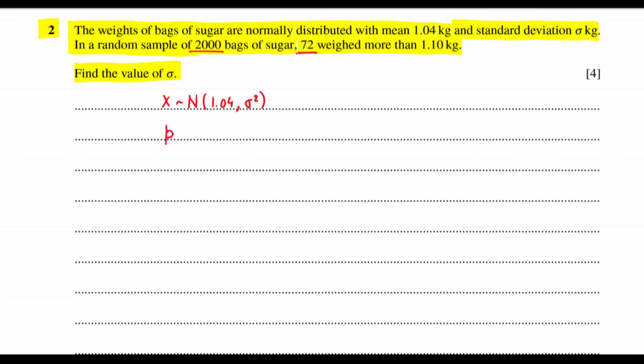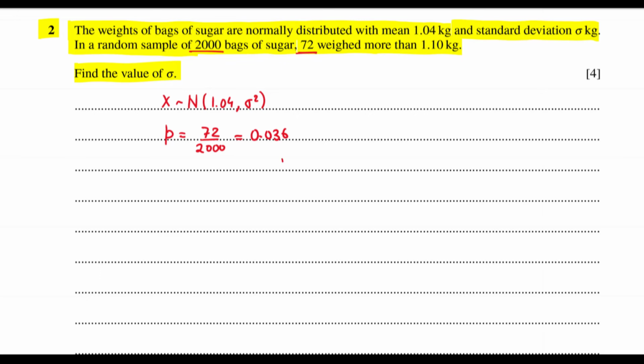So our probability is going to be 72 upon 2000, and 72 upon 2000 is 0.036, and it means now we can convert it into our usual form.